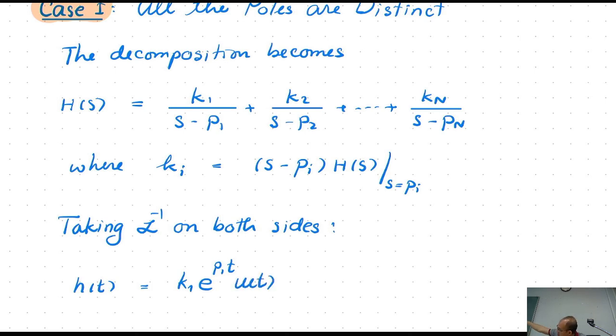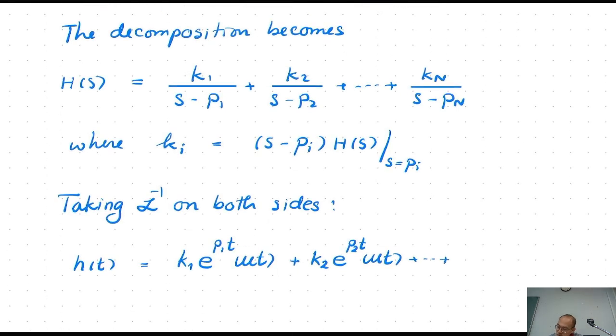And the inverse Laplace transform of the second term is k2 e to the p2 t u(t). And then the rest of the terms similar. So it is kn e to the pn t u(t).